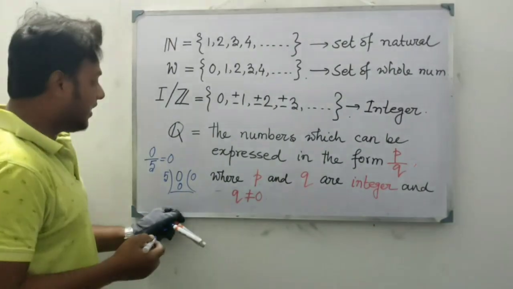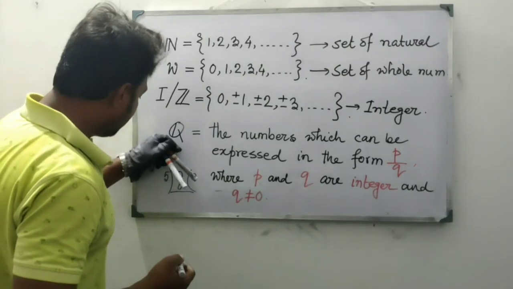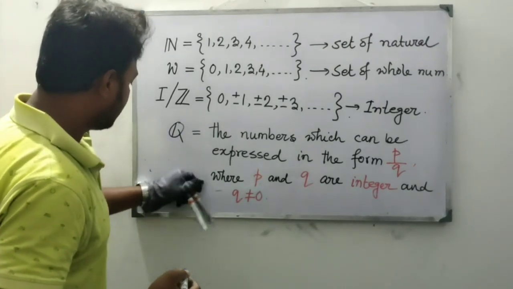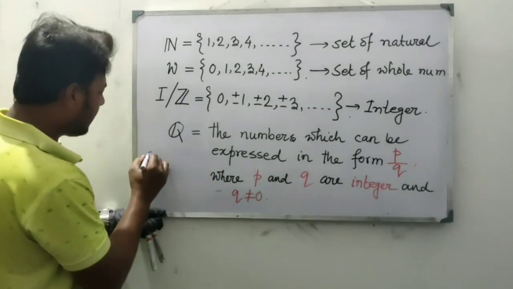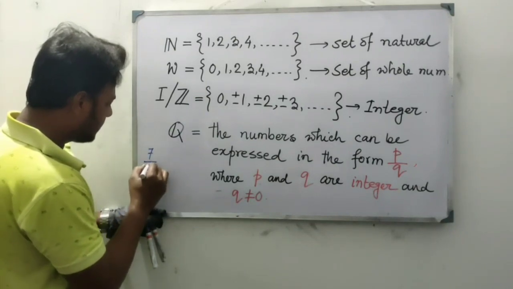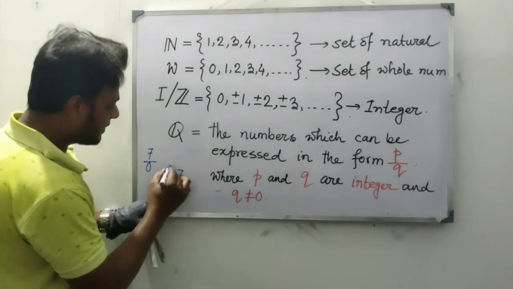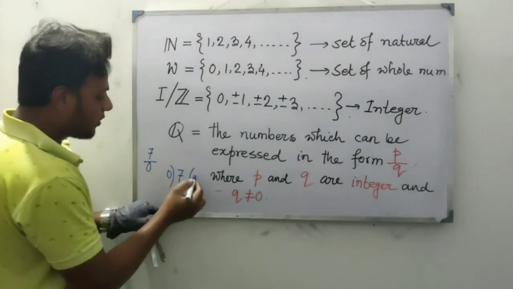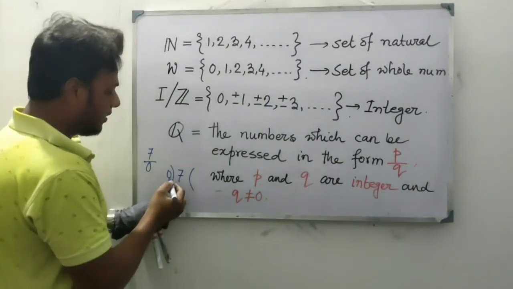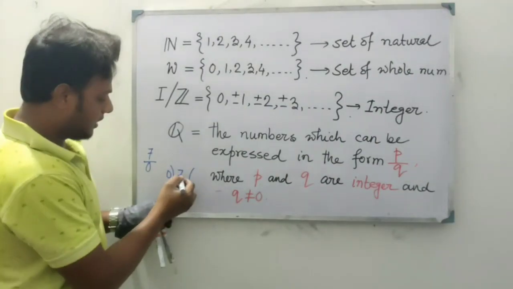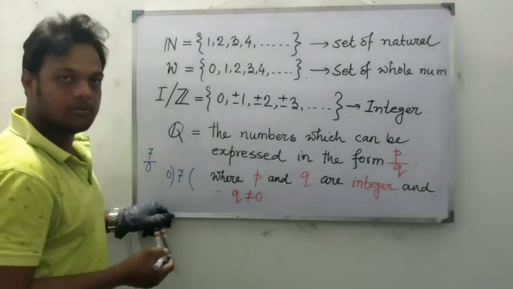Understood? But if I am asking you what about 7 by 0? What is the meaning of this? We have to divide 7 by 0. Is it possible to calculate the value?